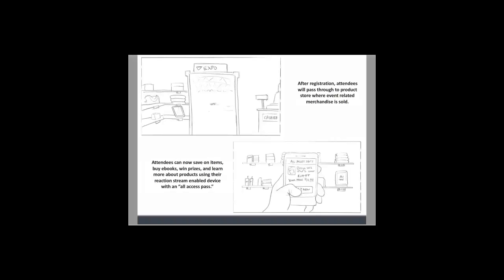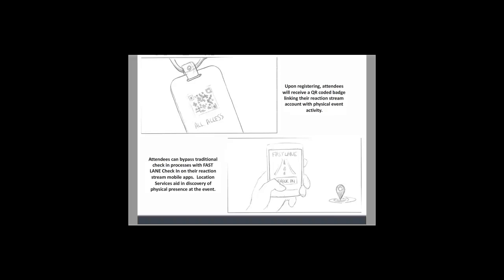So we have some initial sketches of what that would look like. But from a technology standpoint, this is not something challenging to create. This really is a logical next step for the attendee and for you as an event host to create these opportunities, either to make purchases, as David said, from a selling a product standpoint, to the fast lane check-in.